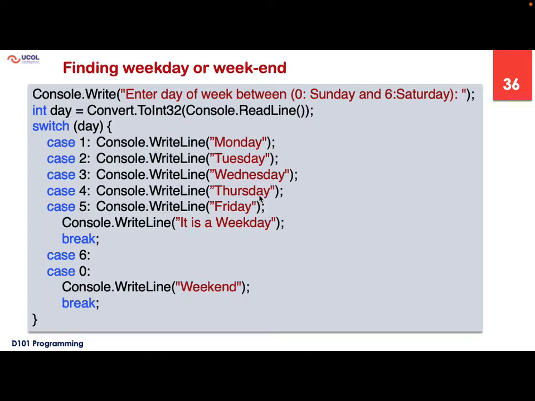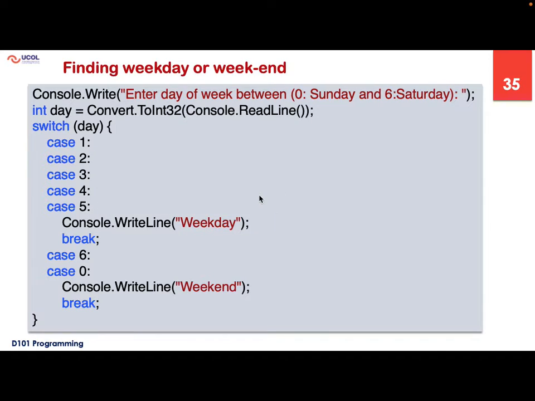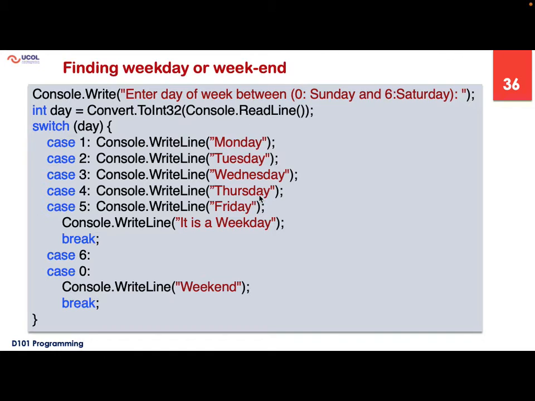Now, I'm not only giving the particular specific weekday like this one, but I'm also saying if it is one, just show that it's a Monday. And if it is two, just show that it is a Tuesday. If it is three, then show that it's a Wednesday. If it is four, then show that it is a Thursday. And if it is five, show that it's a Friday. I put that statement over there.